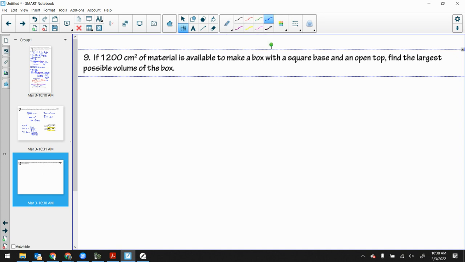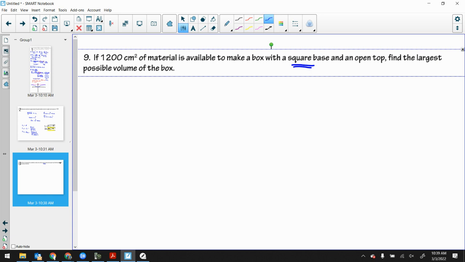Okay, we got 1,200 square centimeters of material with a square base and an open top. Find the largest possible volume of the box. Number 15 on section 4.7 homework. Okay, the key thing here, square base.